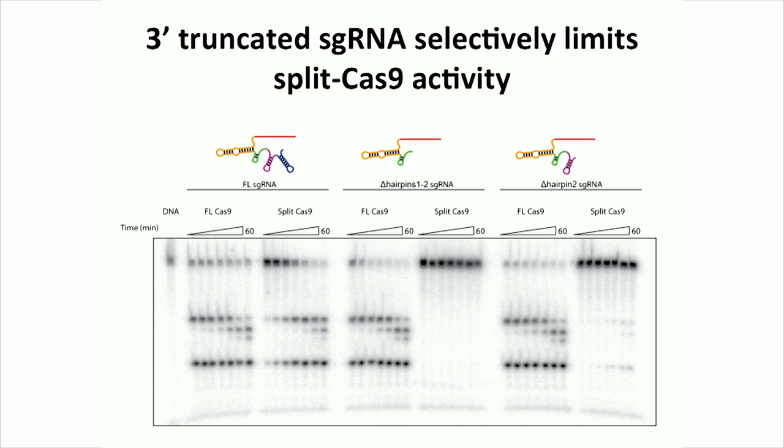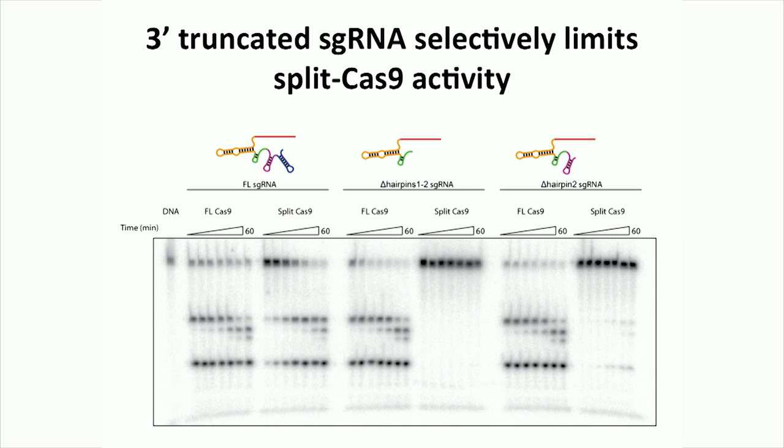And so the point of this experiment was really just to show that this is a destabilized complex. If we use truncated forms of the RNA, we can selectively inhibit the activity of the split Cas9 without affecting function of the full-length protein.